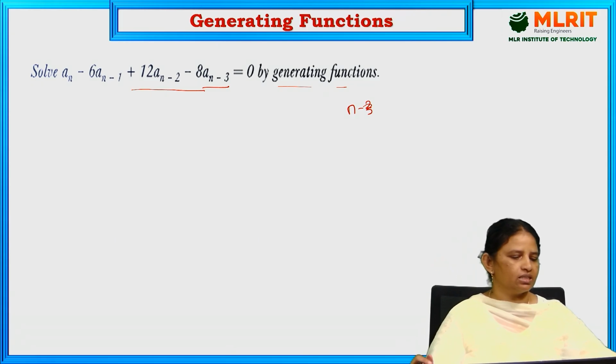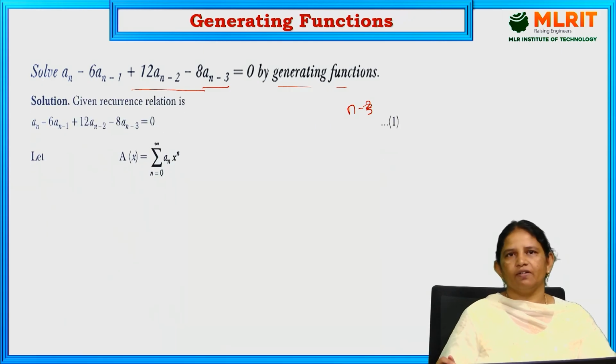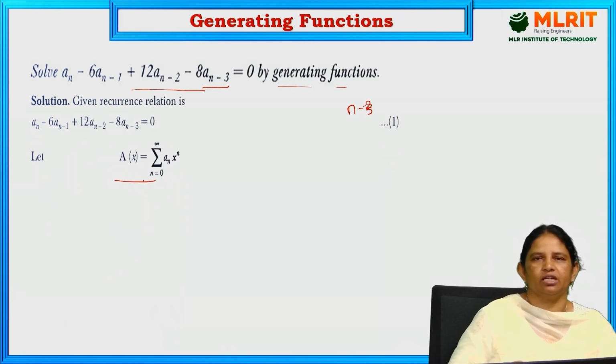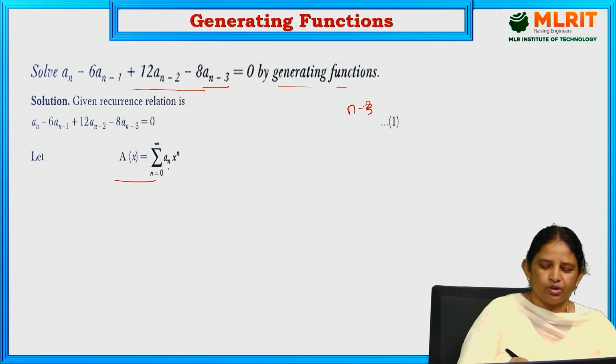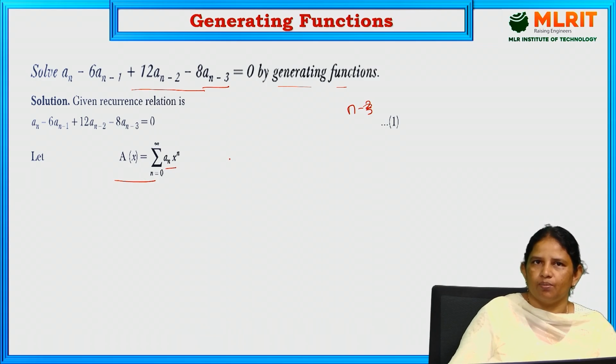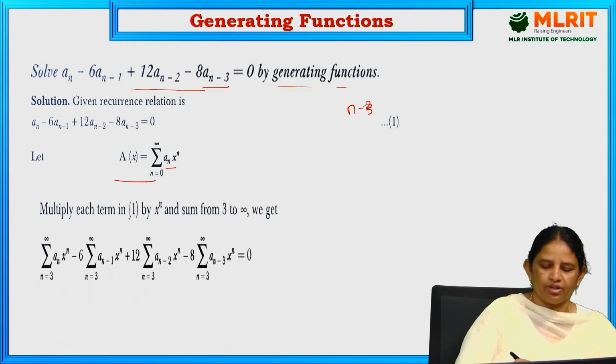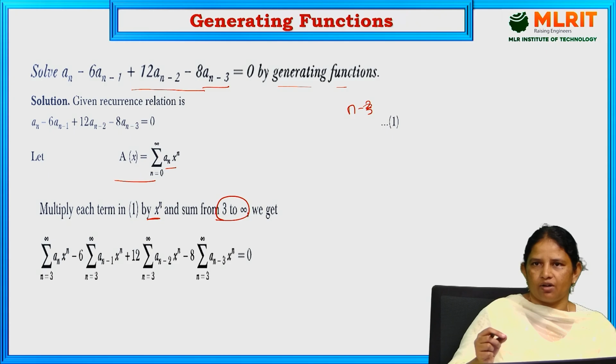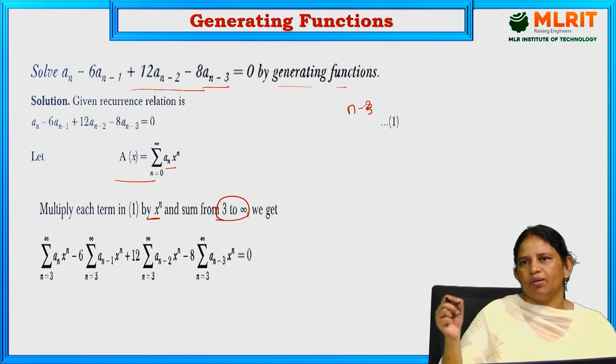Now consider step number 1. Whatever the recurrence relation that has been given, consider A(x) equal to the summation n equal to 0 to infinity a_n x to the power n. That is equation number 1. Next, multiply each term with x to the power of n and take the summation from 3 to infinity. That means we have to start from the n term to n minus 3.